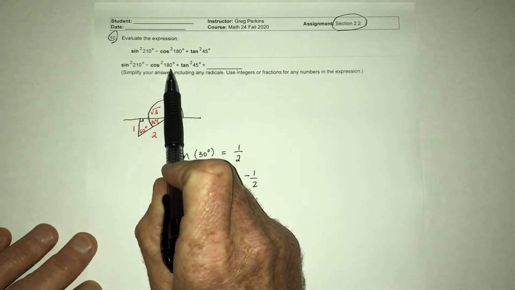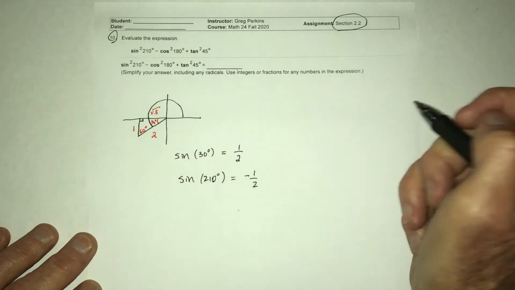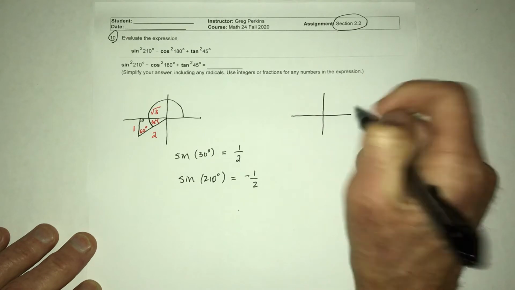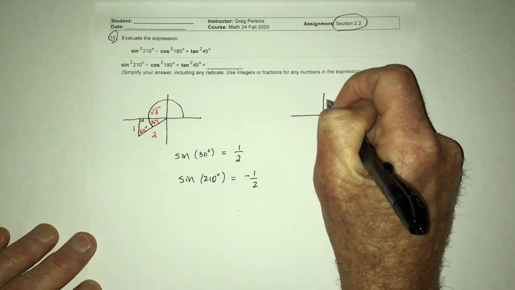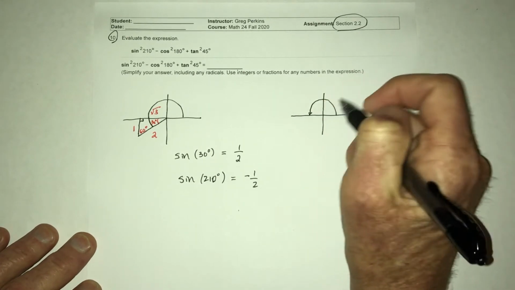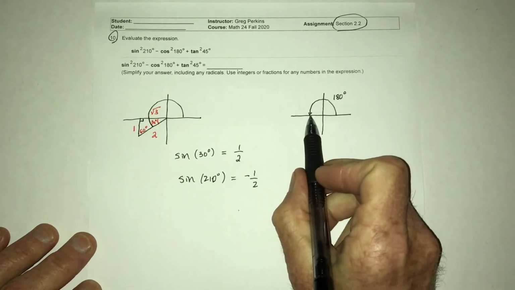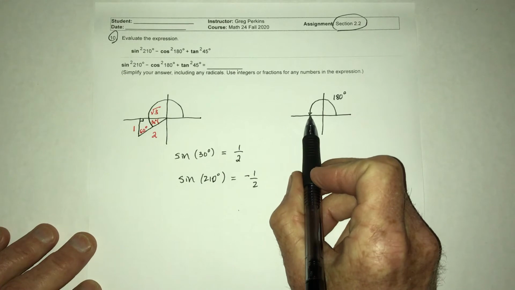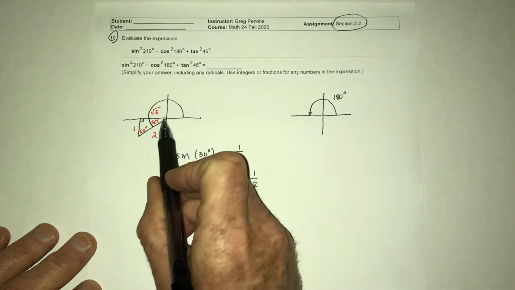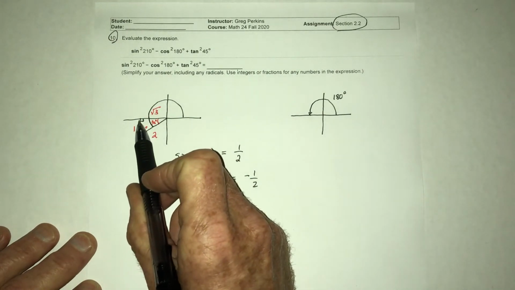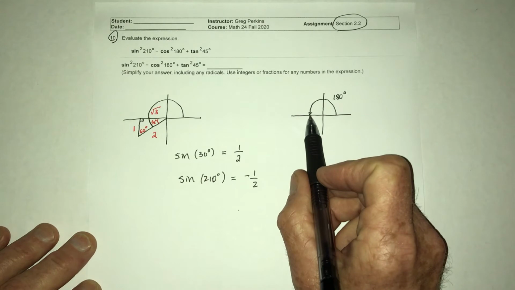Next, for cosine of 180 degrees. So that actually doesn't form a triangle, because 180 degrees would be over here. If I try to draw a triangle, it has to include the x-axis. I had drawn this as the terminal side of the angle and then go perpendicular to the x-axis. Here, I can't do that.